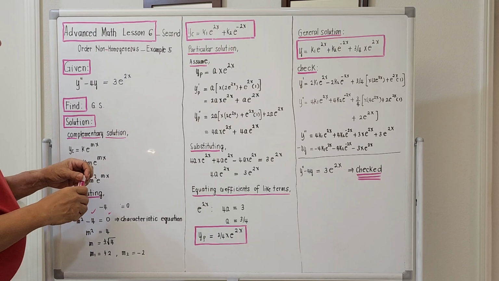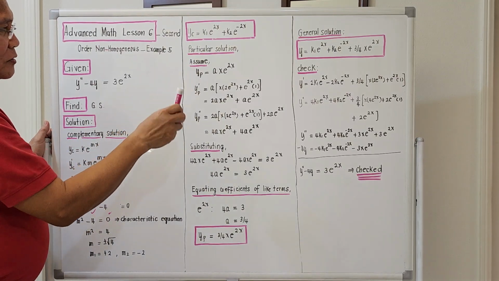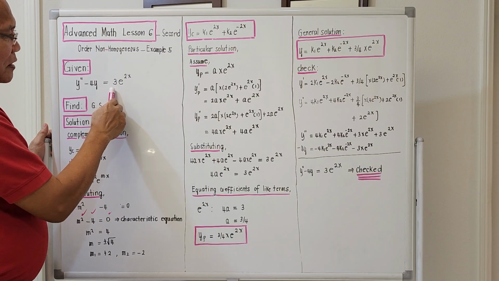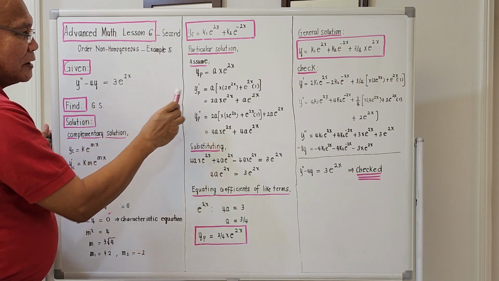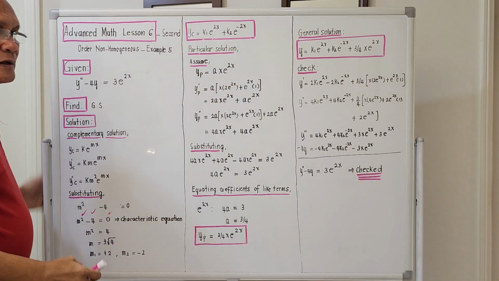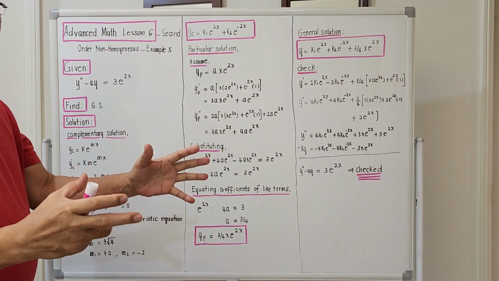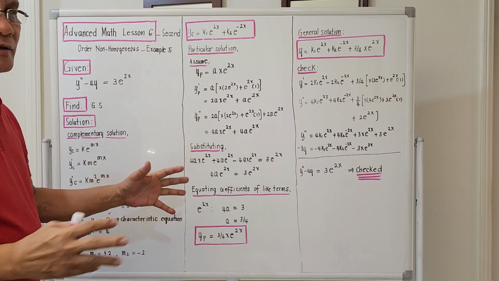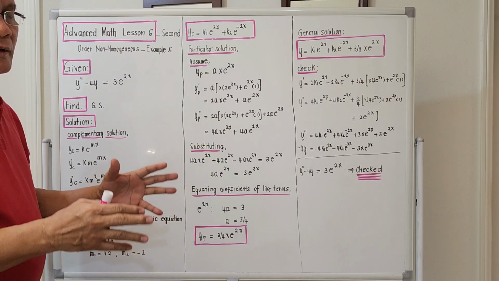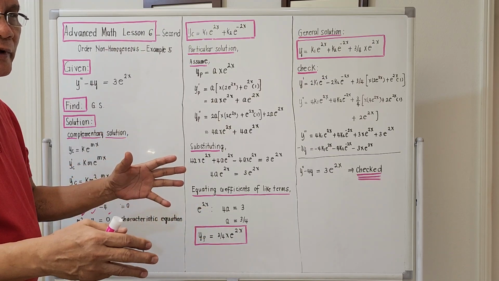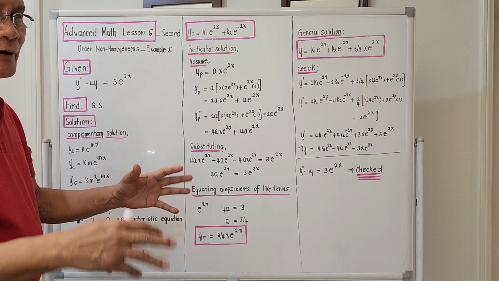The last time around, our particular solution, even with the right hand side an exponential function, was simply an a times e to the 2x. If we try that one, what will come out will be an unrealistic thing. We could not formulate the equations to compute for the unknown coefficients. I am telling you now, I have tried that one.